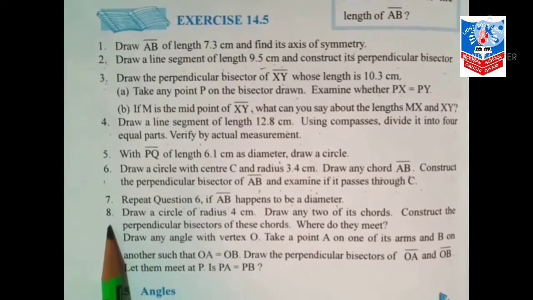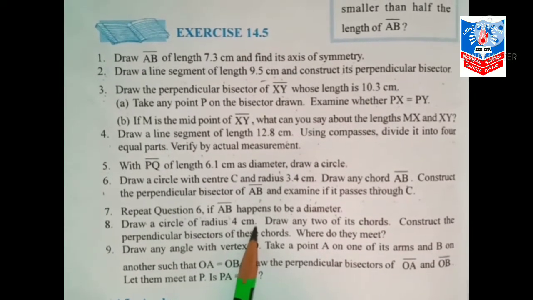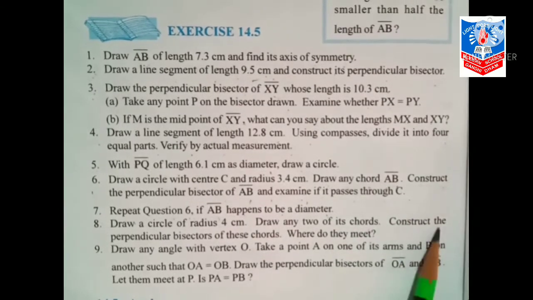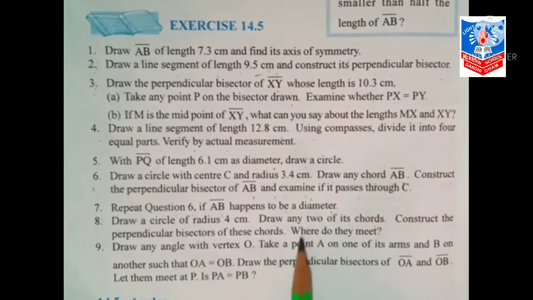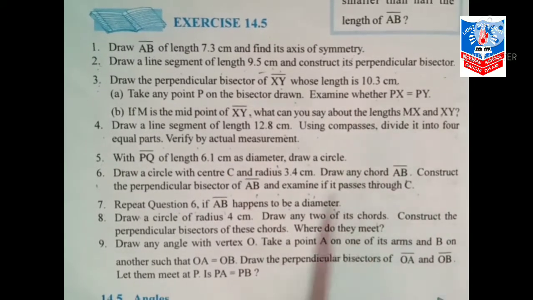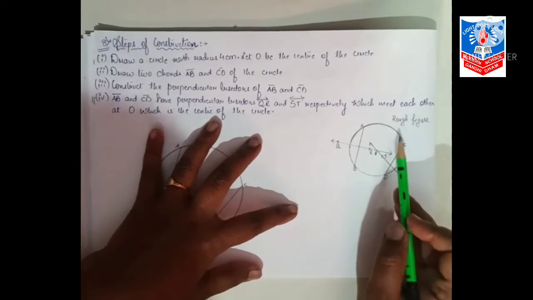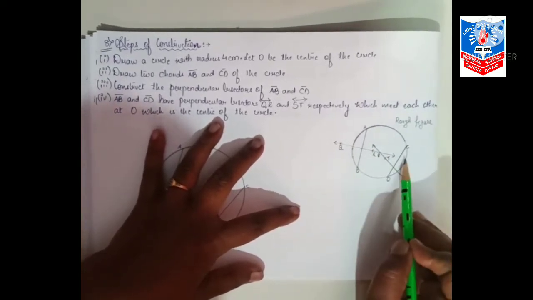Question number 8. Draw a circle of radius 4 cm. Draw any two of its chords. Construct the perpendicular bisector of these chords. Where do they meet? Now what we have to do? You have to draw a circle with radius 4 cm.